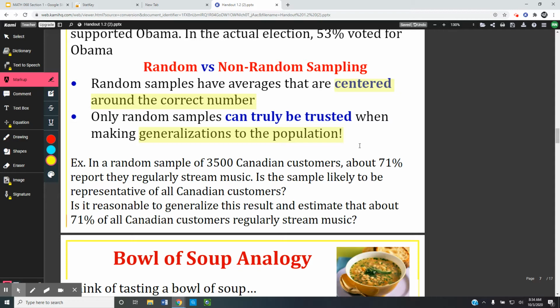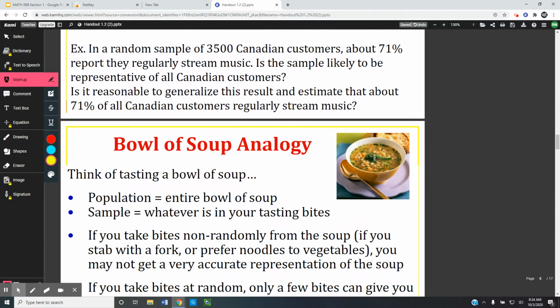So first of all, we have to make sure something is random. Random has to be in the forethought of your brain initially. Example: in a random sample of 3,500 Canadian customers, about 71% reported they regularly stream music. Is this sample likely to be representative of all Canadians?